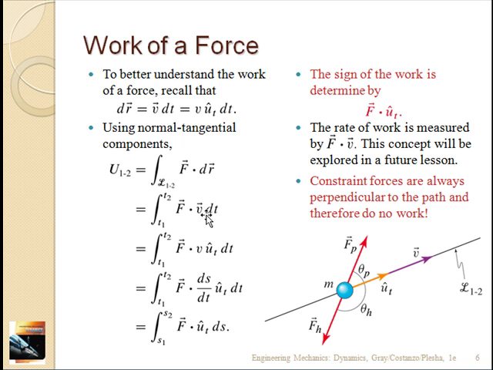Okay, v dt can be written as v, the speed, times u_t hat, the unit vector in the t direction, the tangential direction along the path. v can be written as ds/dt, and then you can sort of cancel the dt's, and this is ds. So we can write the work done as the integral along the path from s1 to s2 of F dotted with the tangential unit vector ds. All right.